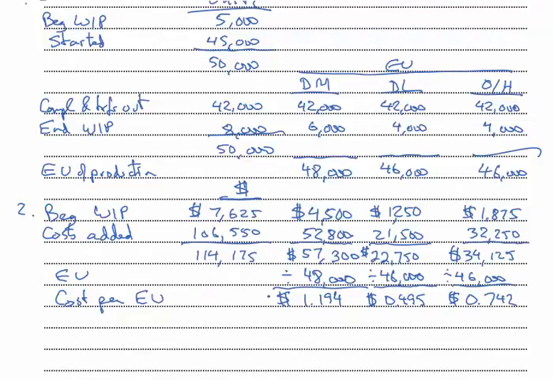Add all of these up, and you end up with 2.431. Okay. And it does not ask us to do cost reconciliation, so that concludes the exercise.